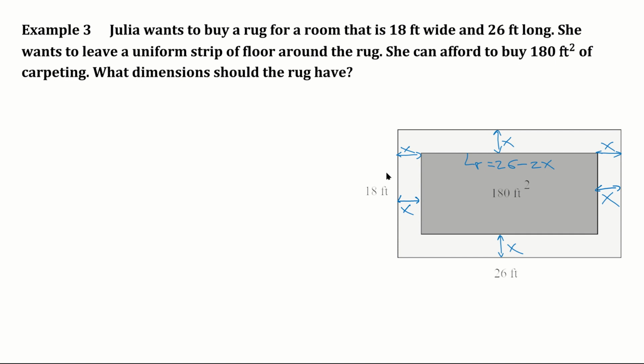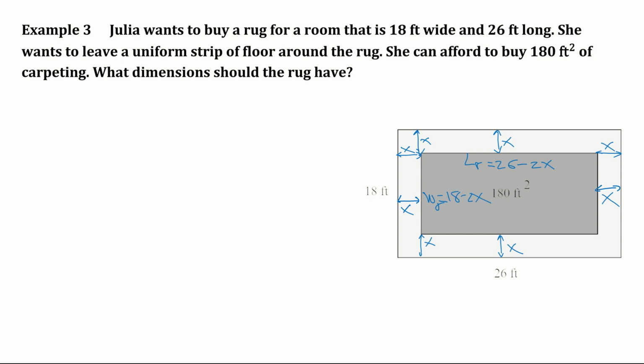In a similar way, we know that from here to here, meaning the width of the room is 18, and we know that if we take away 2 of these x's, right there and right there, we end up with this width, which is the width of the rug, right? So the width of the rug is going to be 18 minus 2x.